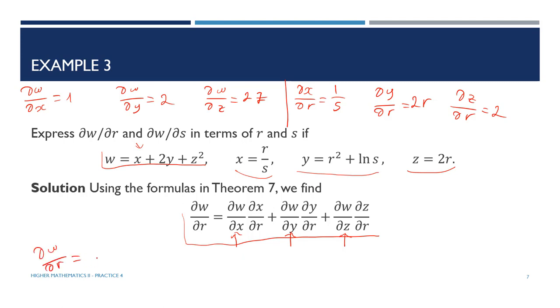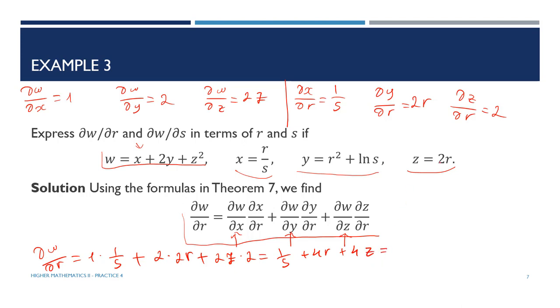dw dr equals dw dx, which is 1, times dx dr, which is 1 over s, plus dw dy, which is 2, times dy dr, which is 2r, plus dw dz, which is 2z, times dz dr, which is number 2. This equals 1 over s plus 4r plus 4z.